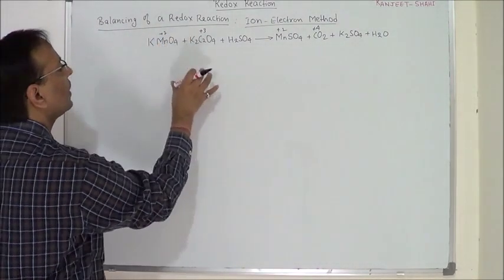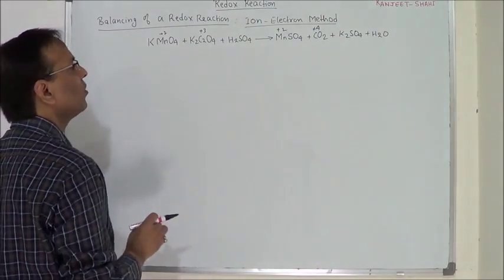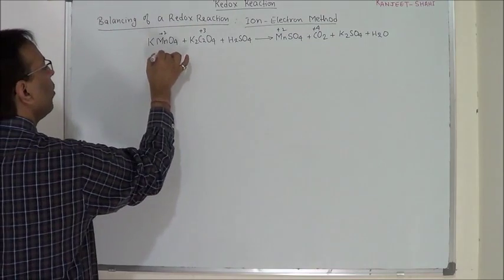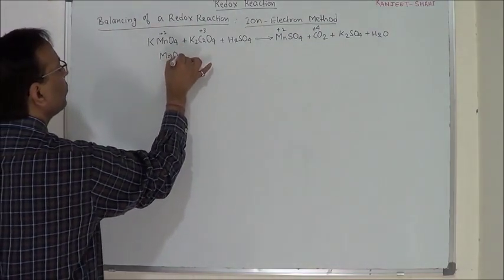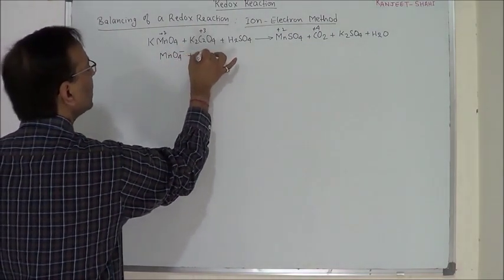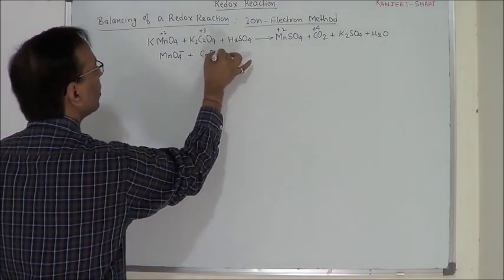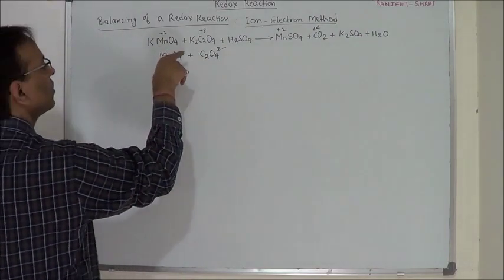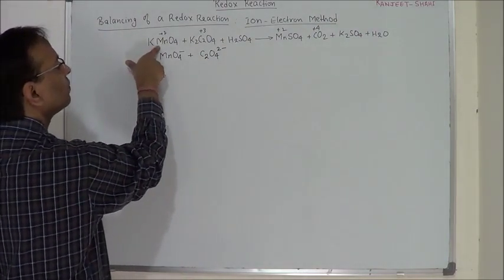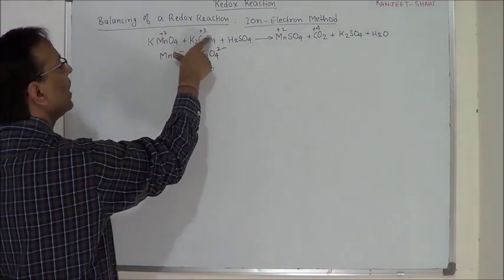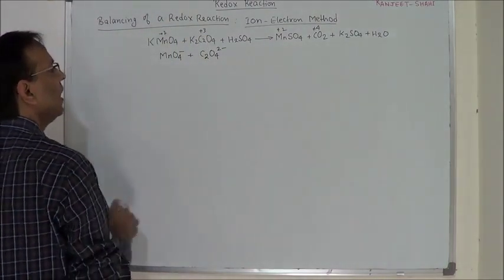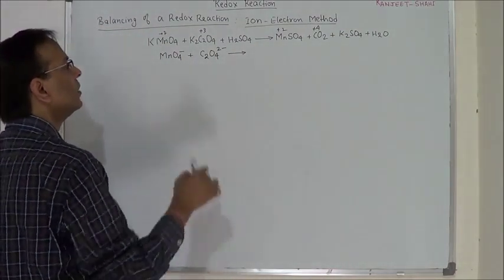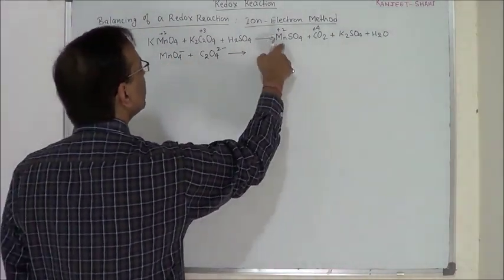So if we take the ions undergoing change in oxidation number to write an ionic equation, we would write the equation MnO4 minus plus C2O4 2 minus. So the ions involved in the oxidation reduction process here are the permanganate ion, not the potassium ion, and the oxalate ion, not the potassium ion. And then we will have to write the corresponding products in ionic form. So permanganate is undergoing change to Mn2+.